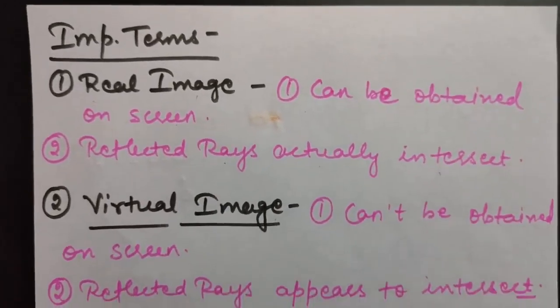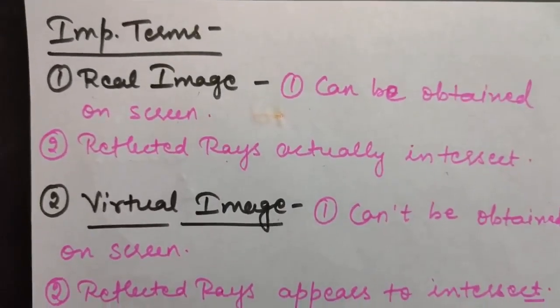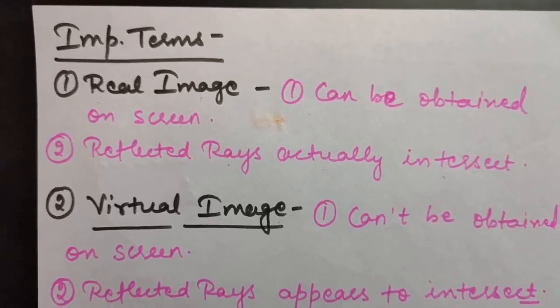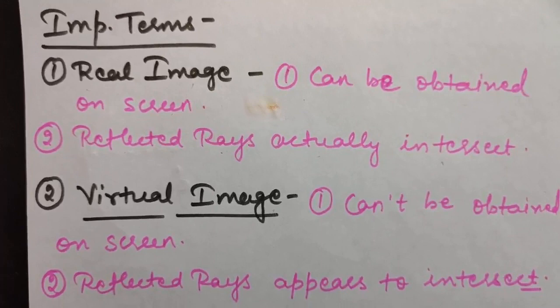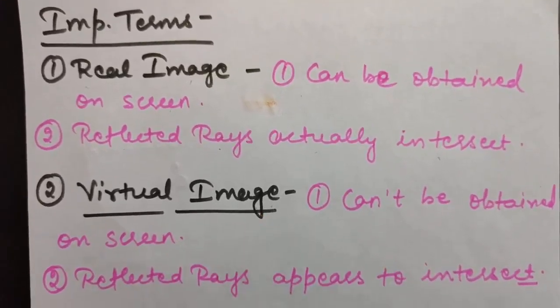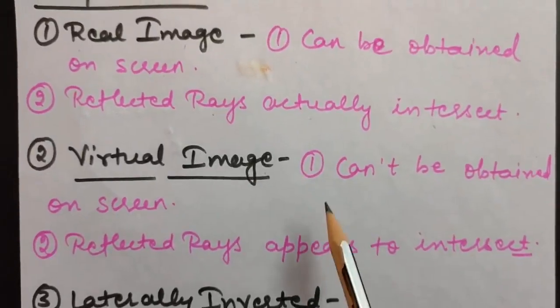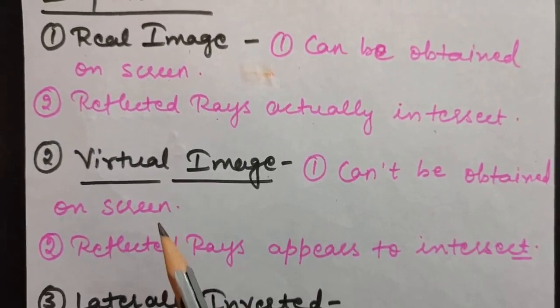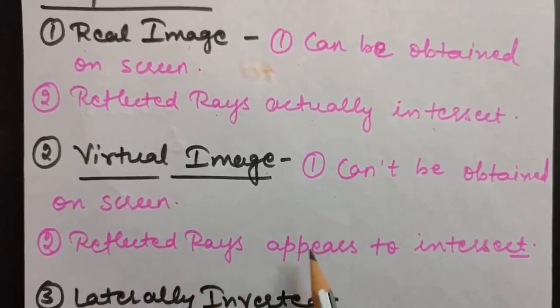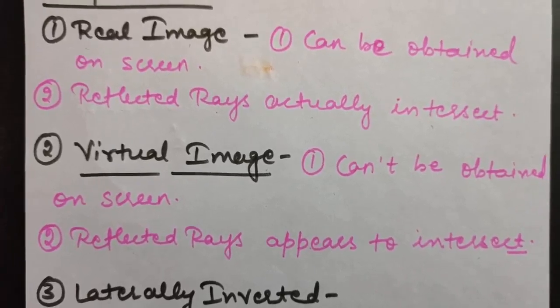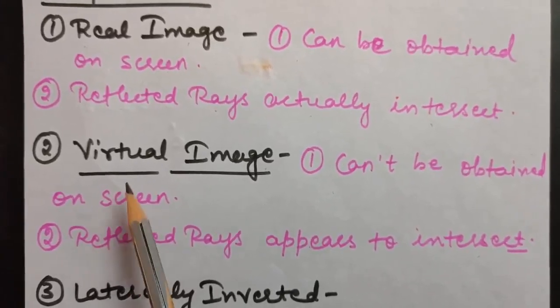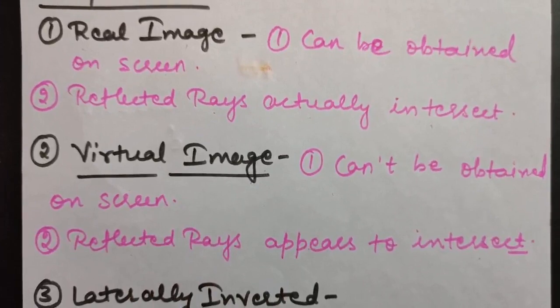If an image can be obtained on a screen or the reflected rays are actually intersecting, then at that point a real image will be formed. Just opposite to that is a virtual image, which cannot be obtained on a screen, and the reflected rays just appear to intersect but are not actually intersecting, then at that point a virtual image will be formed.